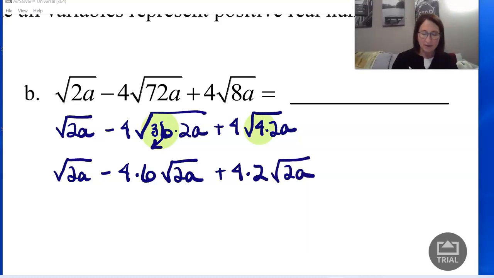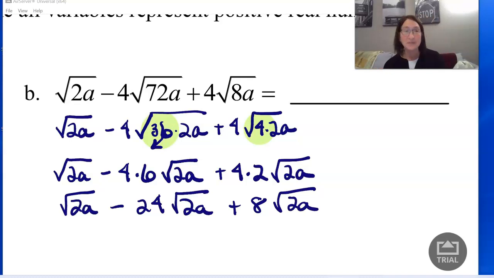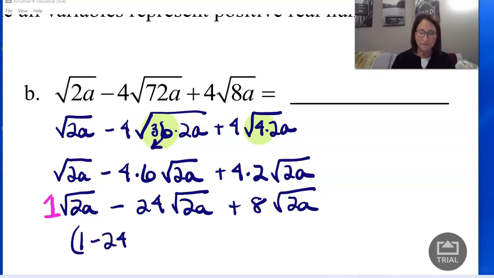Okay, so now I've got square root of 2a minus 24 square root of 2a plus 8 square root of 2a. I'm in business. The only thing I need to remember, that sometimes people forget, is in this first term, there's an implied 1. So I'm just going to subtract, okay, 1 minus 24 plus 8, and then I'm going to attach square root of 2a.